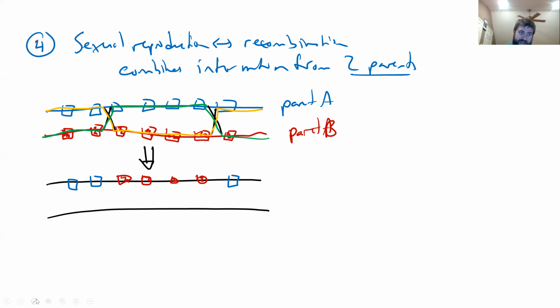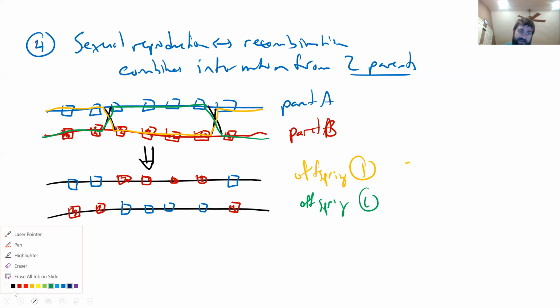And this gives rise to progeny that have the middle 4 from parent A and the outer genes with the variant from parent B. And so what we end up with is 2 offspring or progeny, offspring 1, and offspring 2.